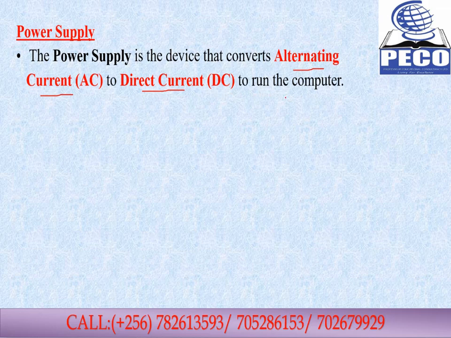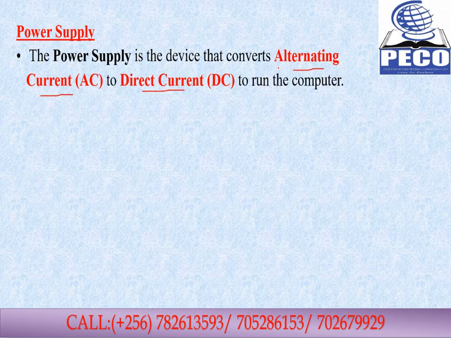When we say alternating, we mean the current that is not constant. It alternates. It keeps on changing. At times it is too high or too low.